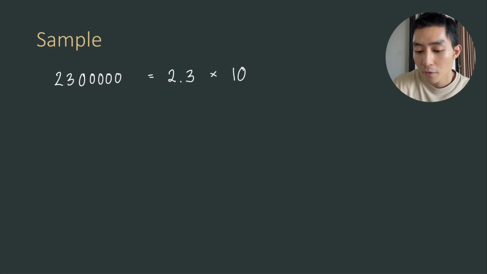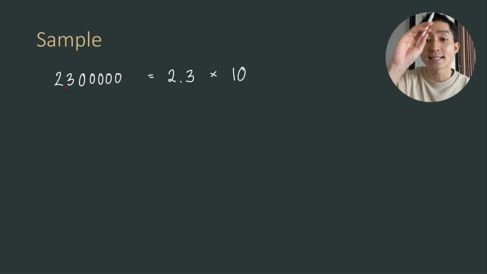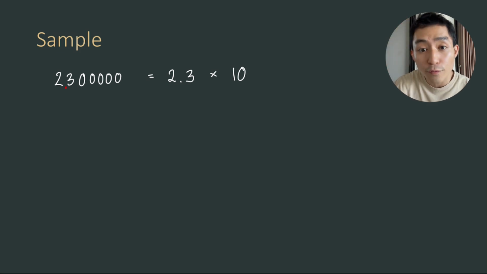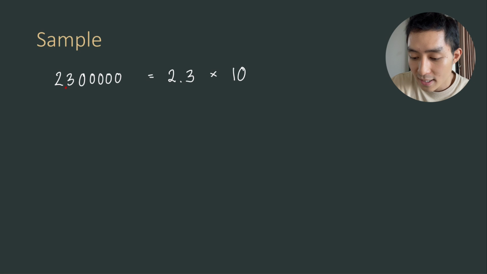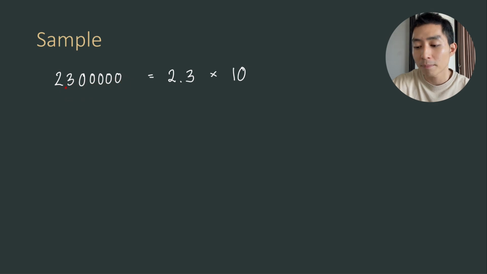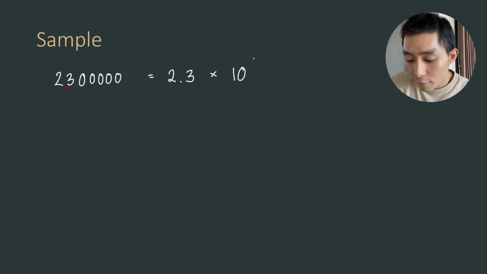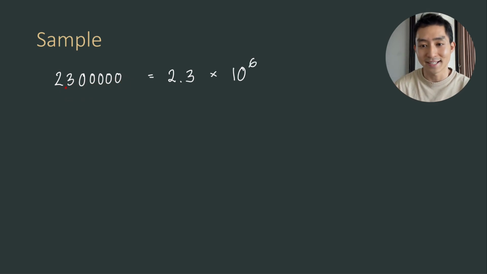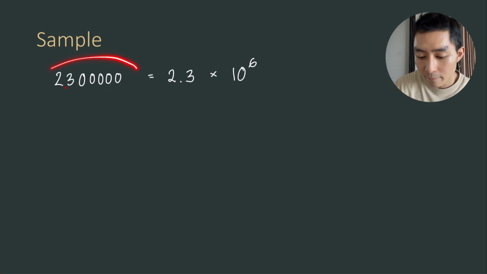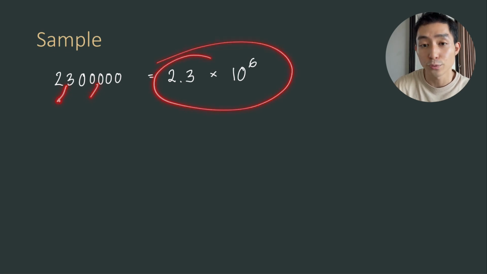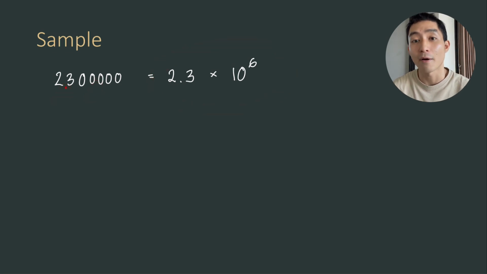The trick is to put the dot at the starting point and see how many times you move to the right. In this case it is 1, 2, 3, 4, 5, 6. So you need to multiply by 10 six times, so 10 power 6. Converting this number, which is 2.3 million, gives 2.3 multiplied by 10 power 6.